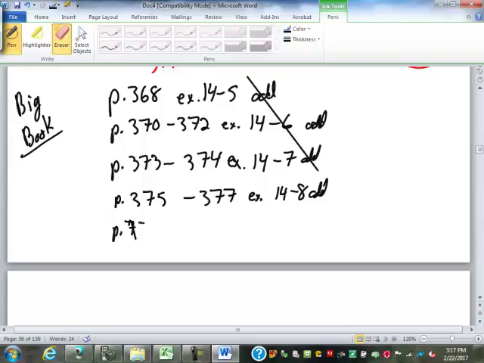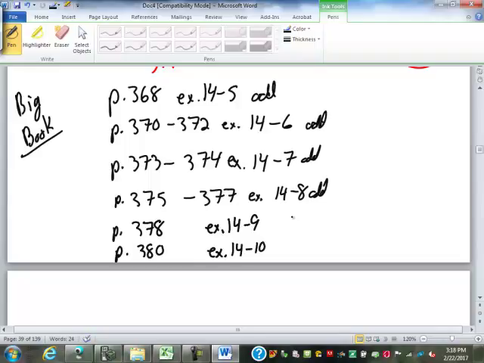Page 378 is exercise 14-9. That's solving equations with powers. And page 380 is going to be exercise 14-10. That's solving equations with roots.